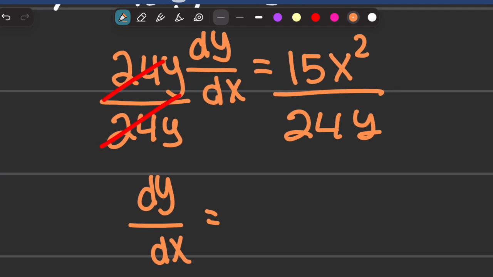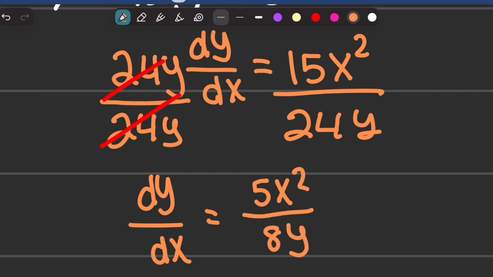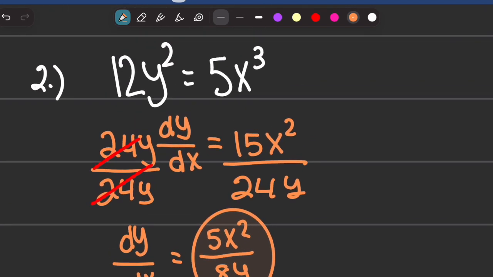We can simplify this and write it as 5x squared over 8y, because we can divide top and bottom by 3. And that is all we can do as far as simplifying, so we can leave our answer just like this. And that is how to do this problem.